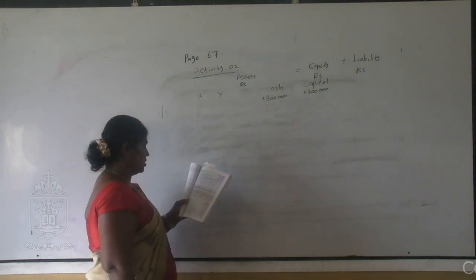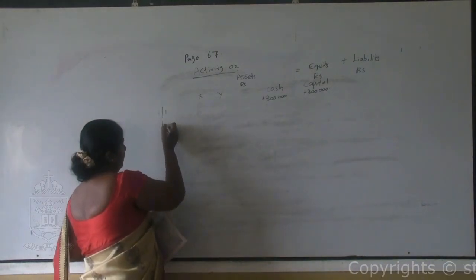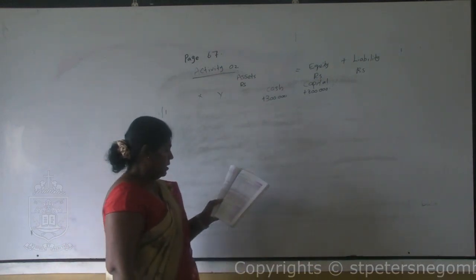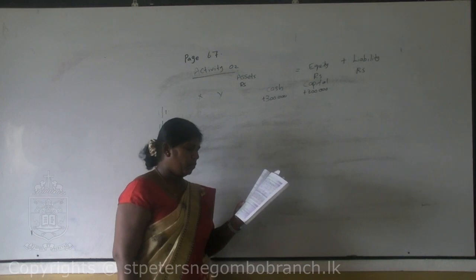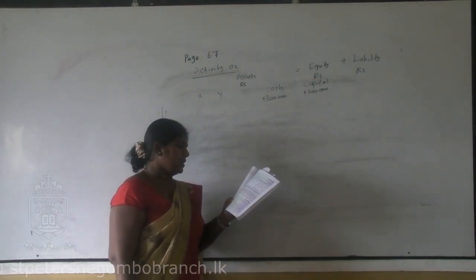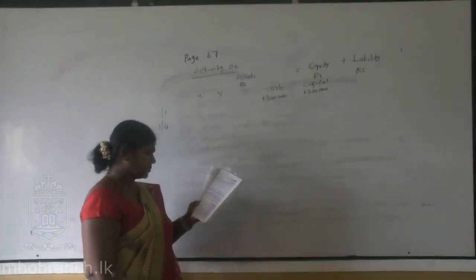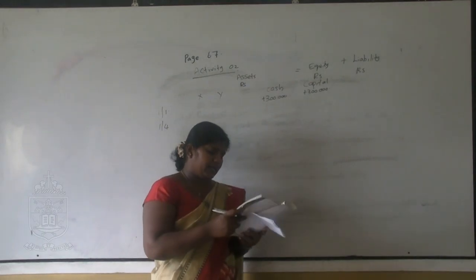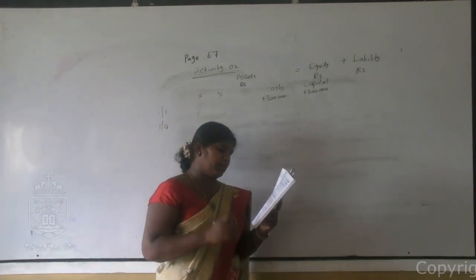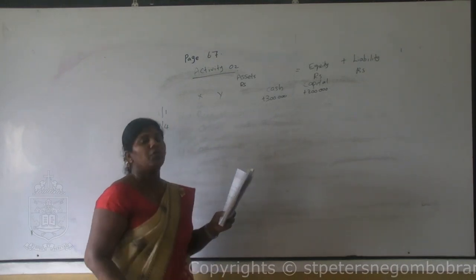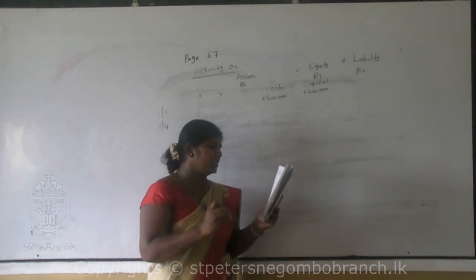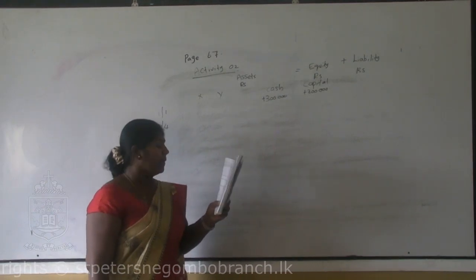Second transaction, 4th of January. Purchase goods at 50,000 rupees. Here, if goods were purchased on credit basis, they should have given that word, but here you haven't been given that, so you should consider it as cash basis.